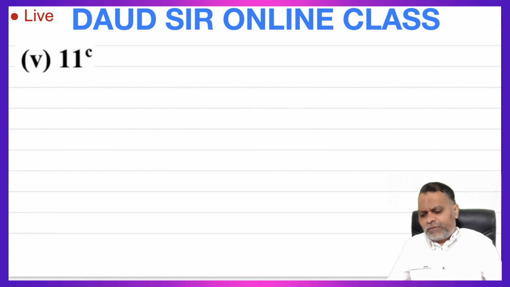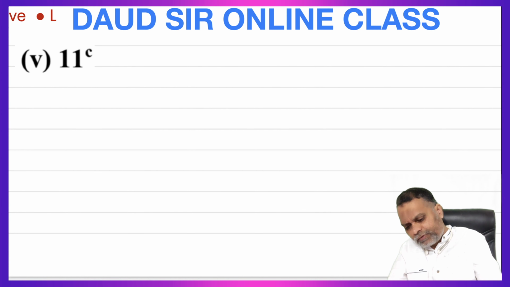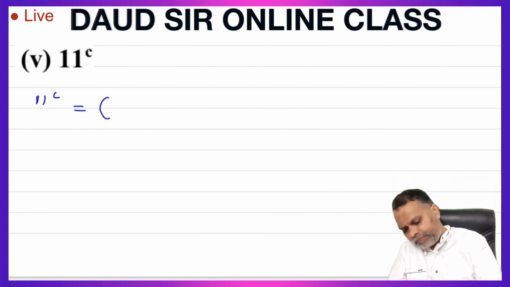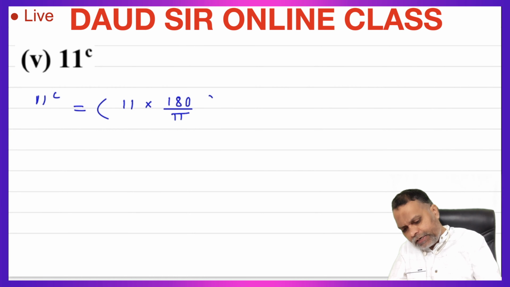Question number 1, part 5. 11 radian is equal to 11 into 180 upon pi degree.